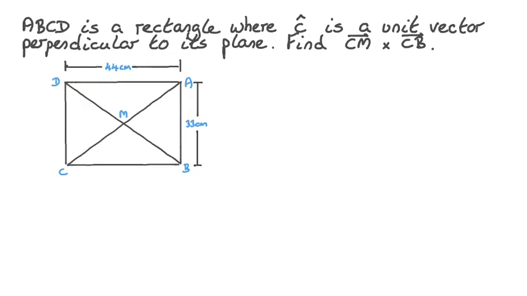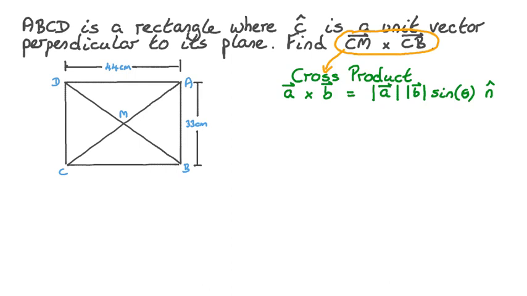ABCD is a rectangle where C hat is a unit vector perpendicular to its plane. Find the cross product of vector CM and vector CB. We recall that the cross product of two vectors A and B is equal to the magnitude of vector A multiplied by the magnitude of vector B multiplied by sine of angle theta multiplied by the unit vector n.